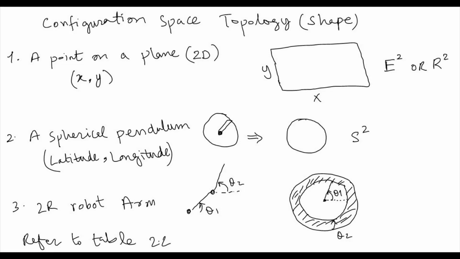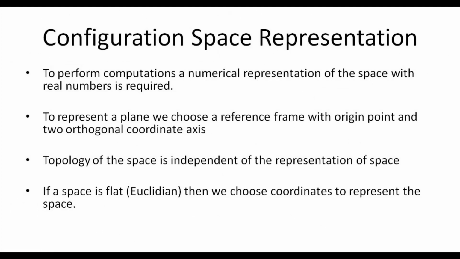Okay, so this is the shape of the configuration space, and now let's see how we can represent our configuration space. To perform computations, a numerical representation of a space with real numbers is required.